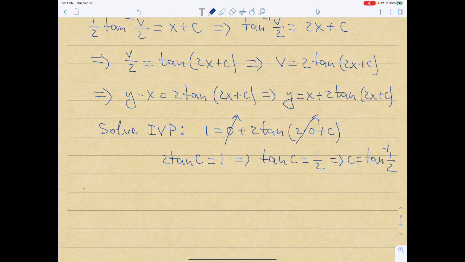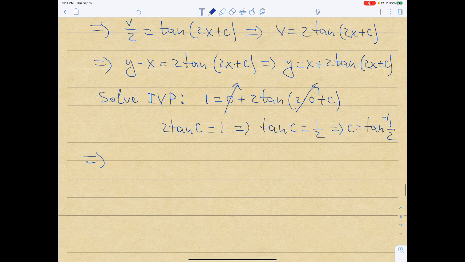And so finally, we can compute what y is by plugging in what c is into the expression, right into our one parameter family. So y is minus x plus 2 tangent of 2x plus arctangent of 1/2.